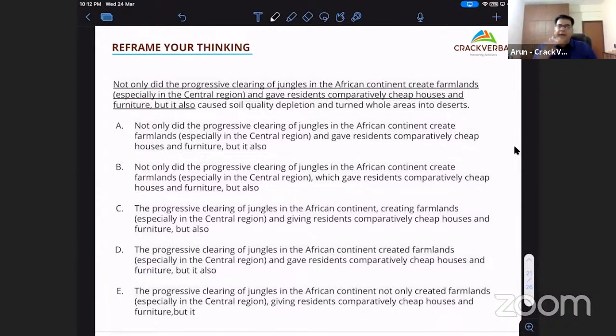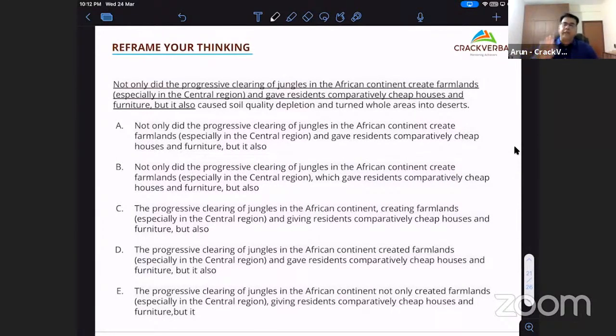So you're not going to be using a positive and a negative together. If you want to use a positive and a negative together, what you use is but also. Going to the movies these days is a very enjoyable experience, but also a very risky one. Enjoyable, yes, but also very risky. So positive, negative will be used with but also.